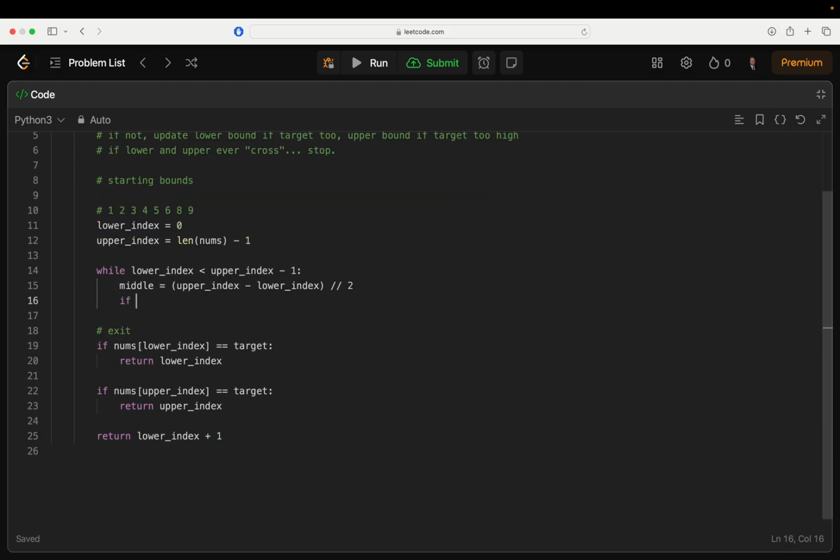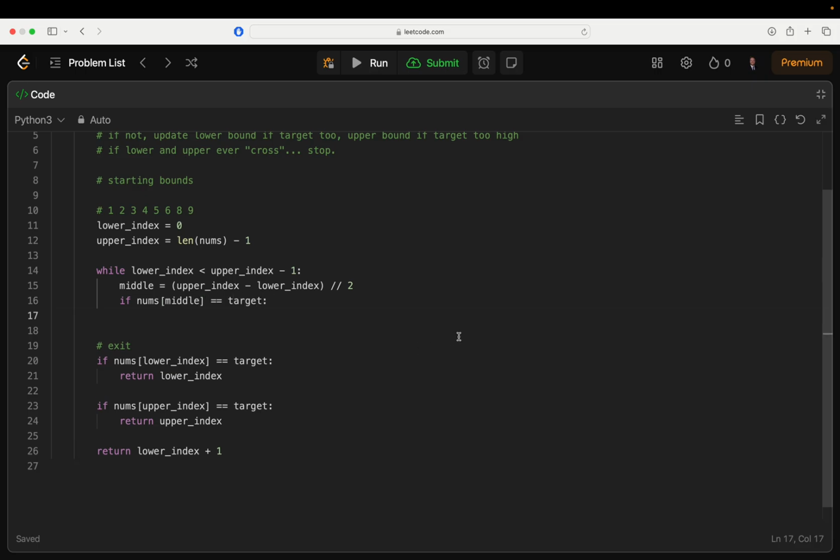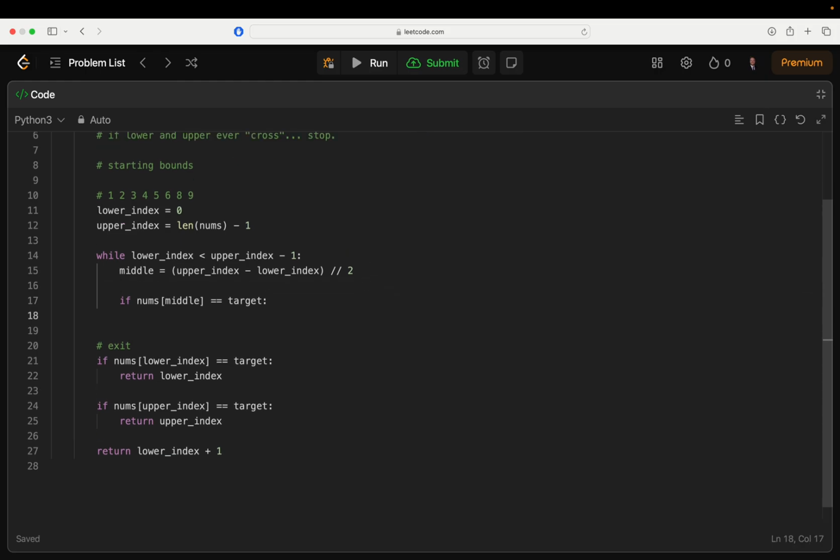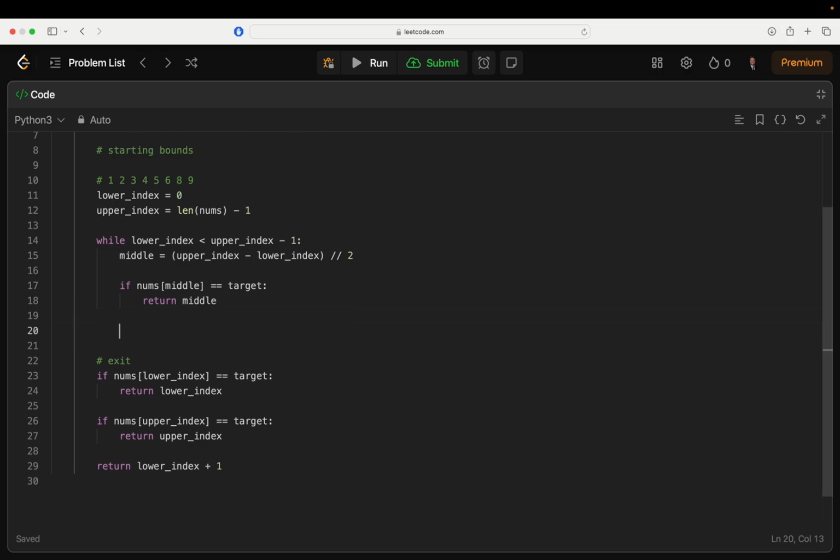If nums middle equals target, return middle.